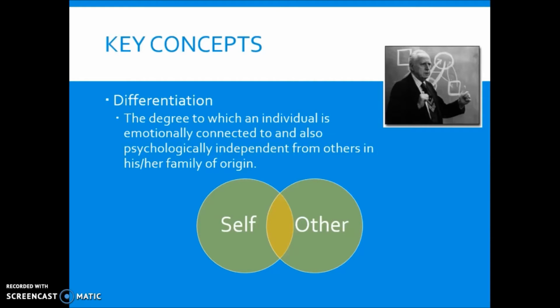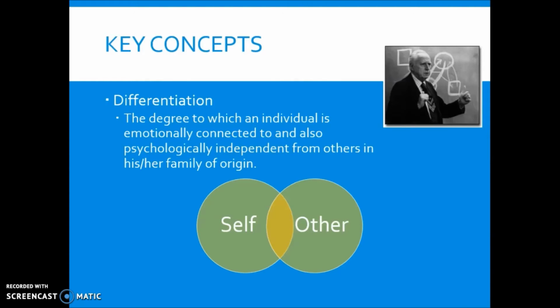The consequence of not being well differentiated is that you become overly sensitive or reactive to their emotional problems. So if there's any kind of distress in the family system and you're poorly differentiated, then you get sucked into that problem because you're not able to separate yourself emotionally from it.